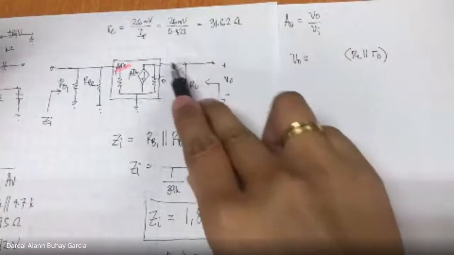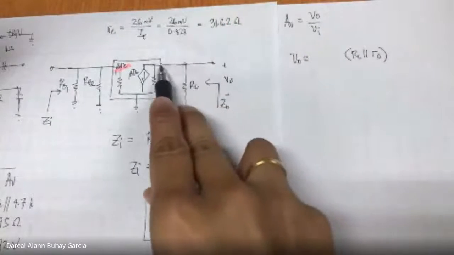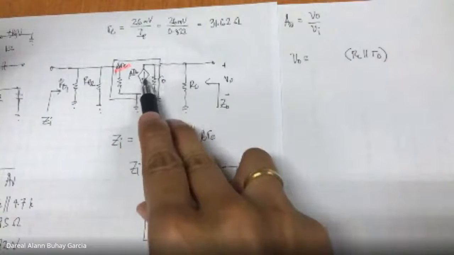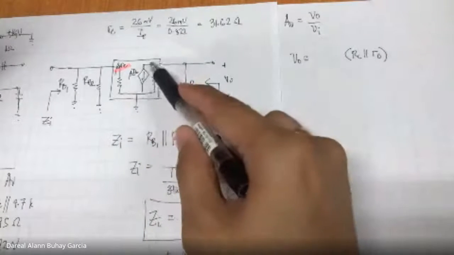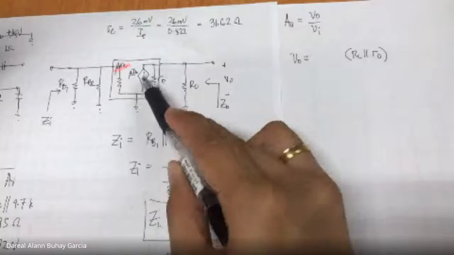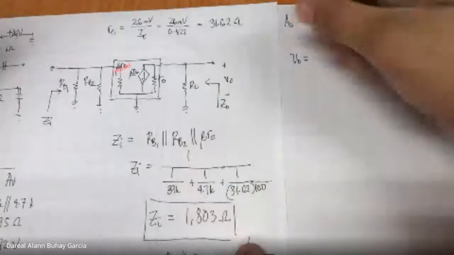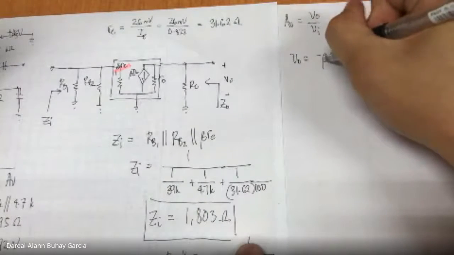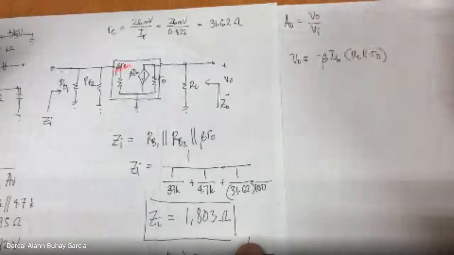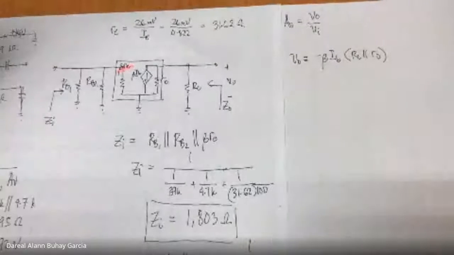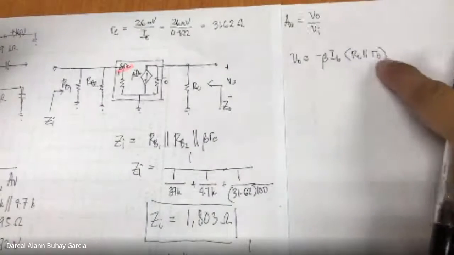It's equal to, katong subayon, equal to this current, no? Beta IB. But beta IB is in this direction. No? So beta IB should be negative. Negative beta IB. Okay? So this is our VO.